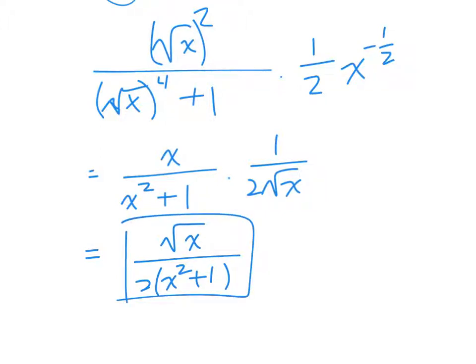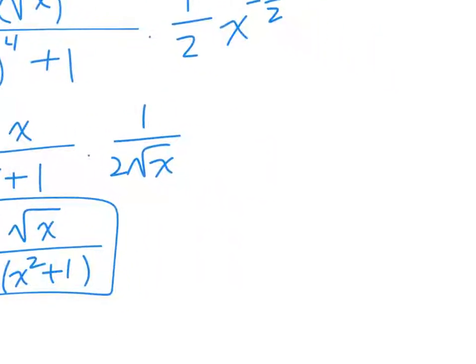Okay. All right, let's review what we learned today. We learned FTC Part 1. Part 1 says 2 things. Number 1, g of x is the integral between 0 and x of f of t dt. So g of x is the area underneath the curve f of x.